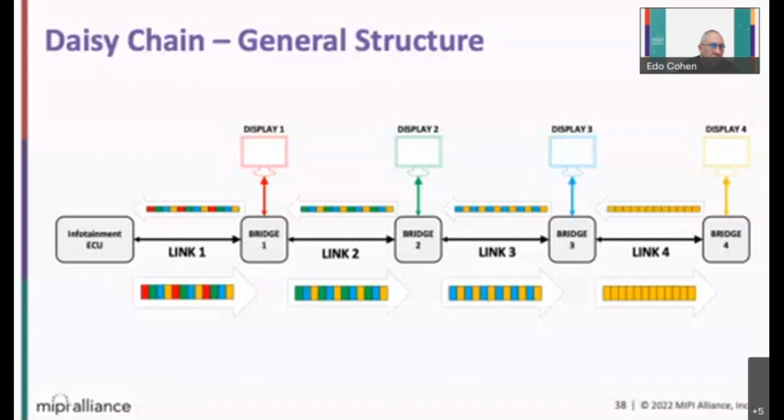And similarly, this is happening going forward from each bridge to each bridge. And in the reverse direction, the uplink is behaving in a similar way, building these multiple logical links into a single physical link.